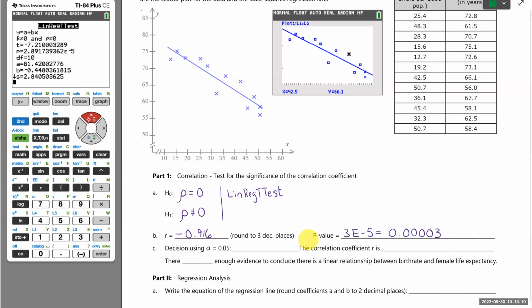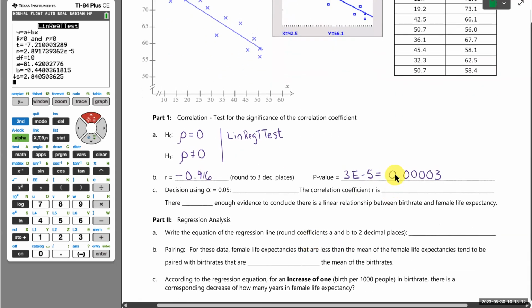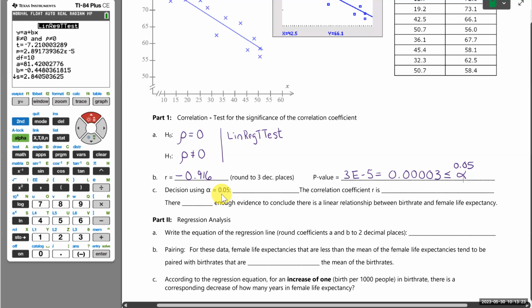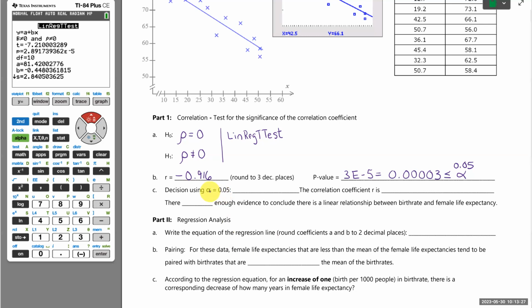All right, so once your calculator switches to scientific notation, that's pretty much a guarantee that your p-value is less than or equal to alpha. And in particular, the next line says at a 0.05 alpha significance level, so that p-value is definitely low, so we reject the null.